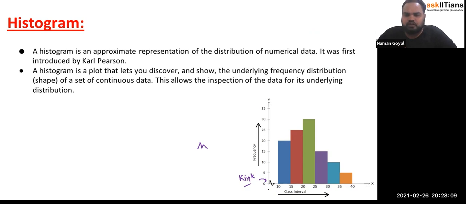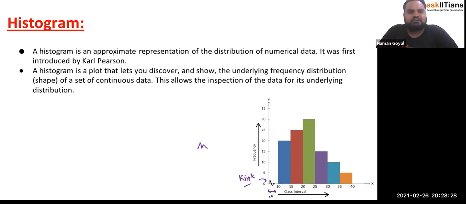If you see, the difference between these two is 10. After that, the difference is 5. So in the starting, the difference is non-uniform. To show that it is a non-uniform difference, we have to use that sign, which is known as a kink, K-I-N-K, right?